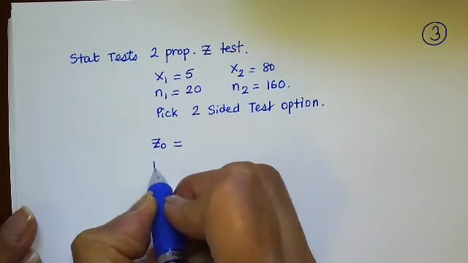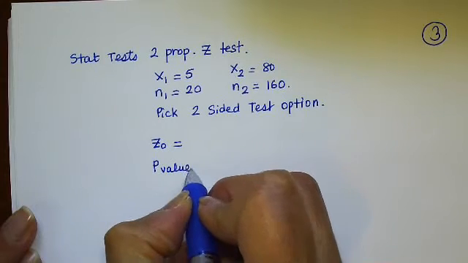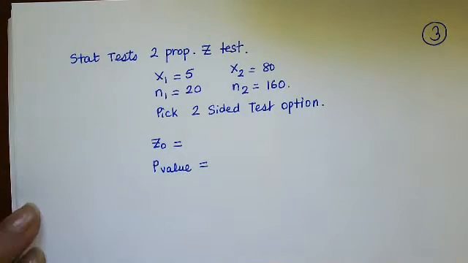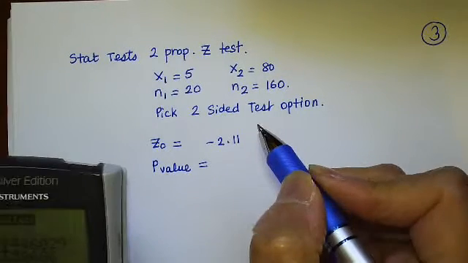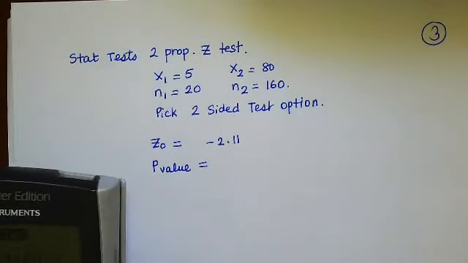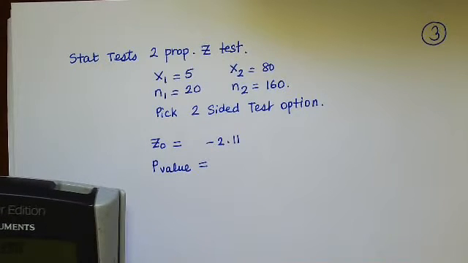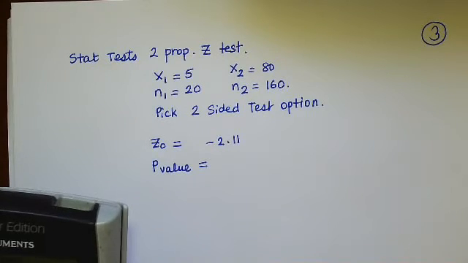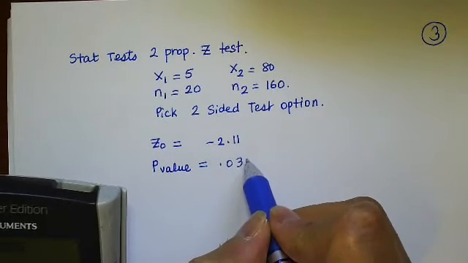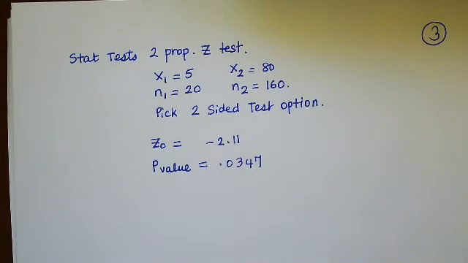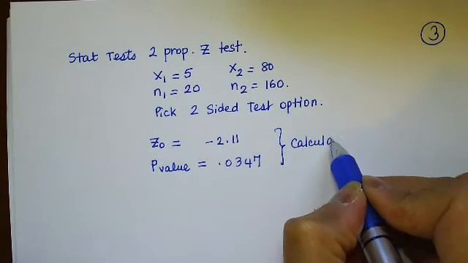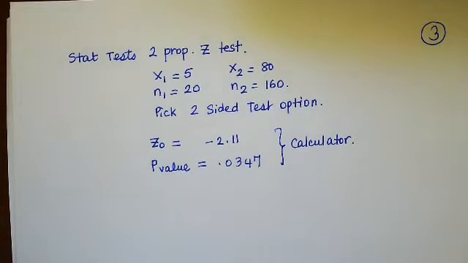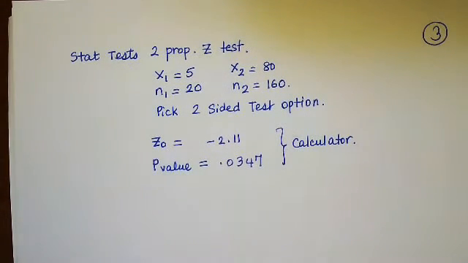And it gives you z naught and it gives you the p-value also. Z naught was minus 2.11 and the p-value was 0.0347 on the calculator.